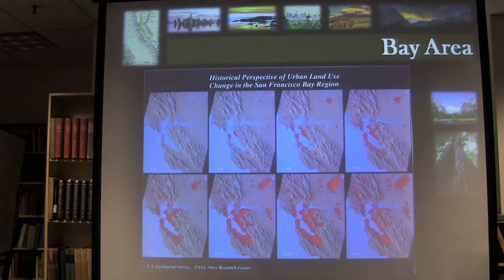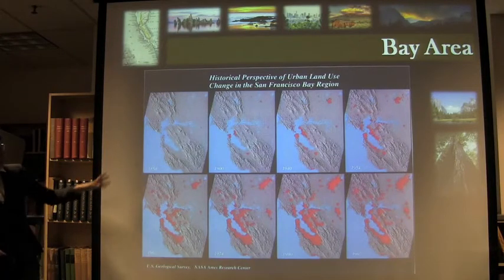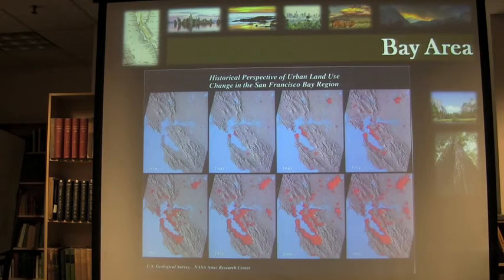So I'm going to focus today on the Bay Area because this has been one pilot study area, and as you all are very familiar, the urban growth in the Bay Area, as depicted here from NASA Ames models, has been extensive. We're now at about 30% of the land in the Bay Area being urban, or in some category of urban.